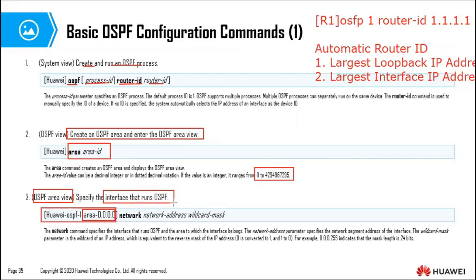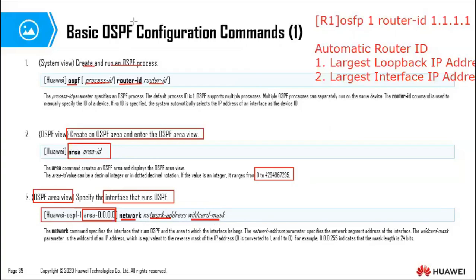So specify the interface that runs OSPF. Oh, yes, we specify the interface that runs OSPF, not advertising, but specifying the interface that runs OSPF. How we do that is by using the network command. So network, then the network address of that particular interface, then the wildcard mask.